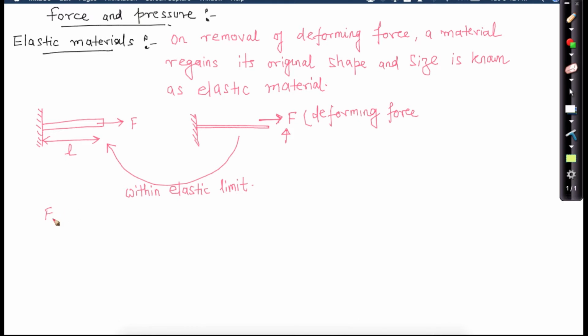For example, the examples of elastic material: steel, rubber, etc. So these two are the elastic materials. But keep this in mind that steel is more elastic than rubber because its elastic limit is very large as compared to the rubber.